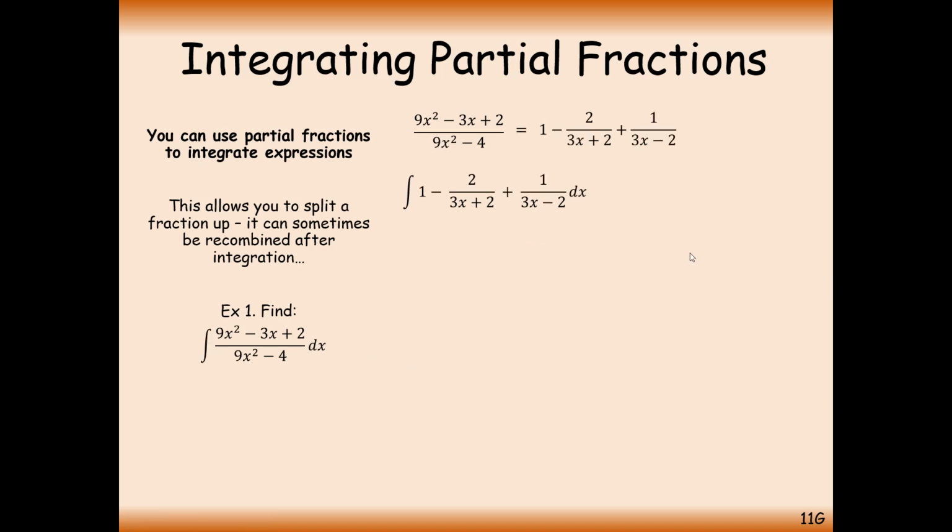Okay, as promised. Now we are going to get to integration. Term by term, the integral of 1 is simply x. The integral of 2 over 3x plus 2 is going to be a logarithm, logarithm of 3x plus 2. But a factor of 3 is missing in front of the integral. Therefore, we can factorize this 2 out.